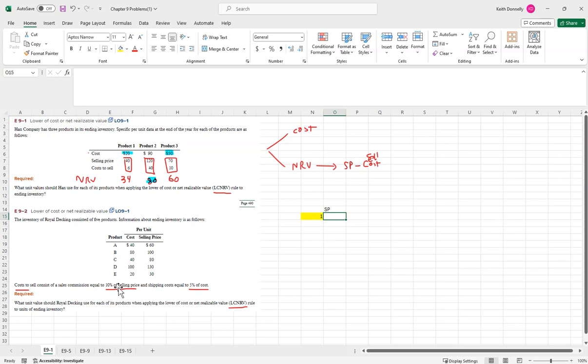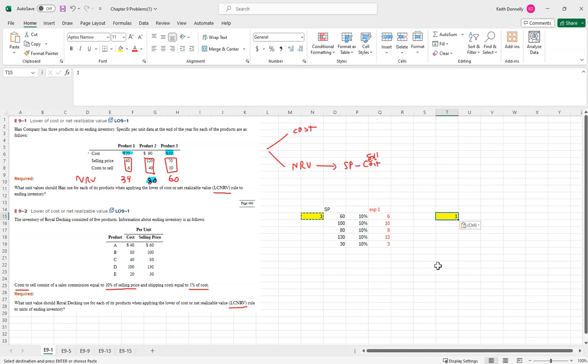So we have our sales prices here of 60, 100, 80, 130, and 30, okay? 10% of that. This is going to be expense 1. So we'll just do the 60 times 10%, and then we can carry this down, and we'll make that red to show that's going to be expense 1.